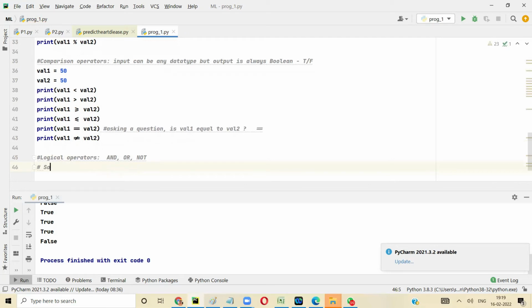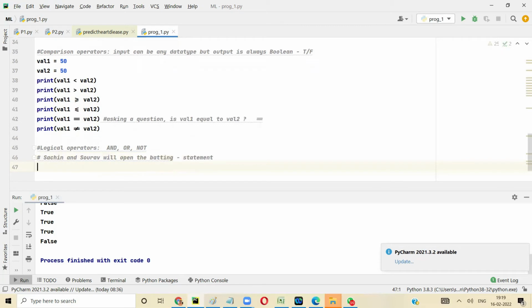If I say Sachin and Saurav will open the batting, this is the statement I have made, my prediction. And actually what happened, Sehwag and Saurav opened the batting.